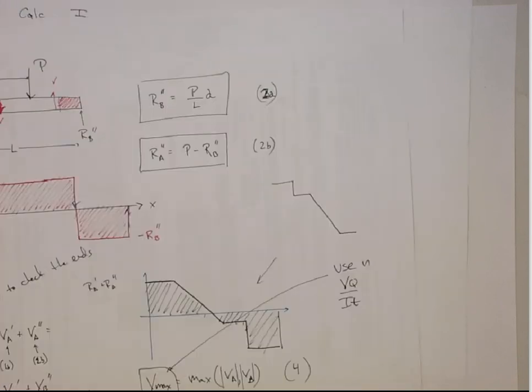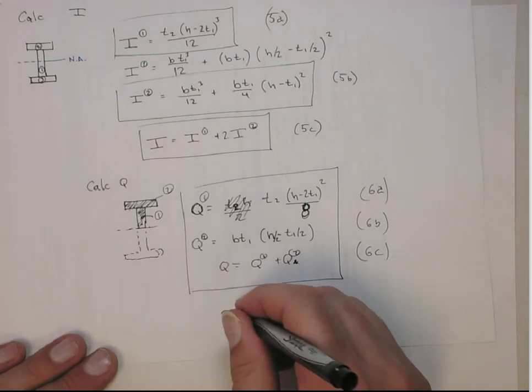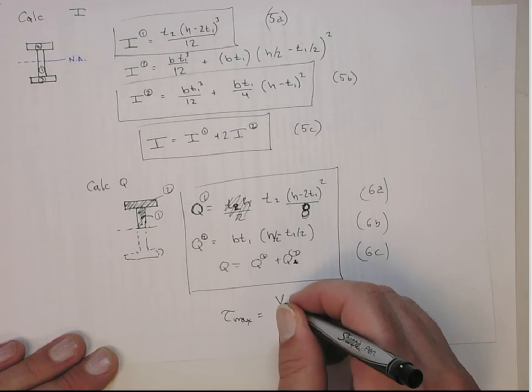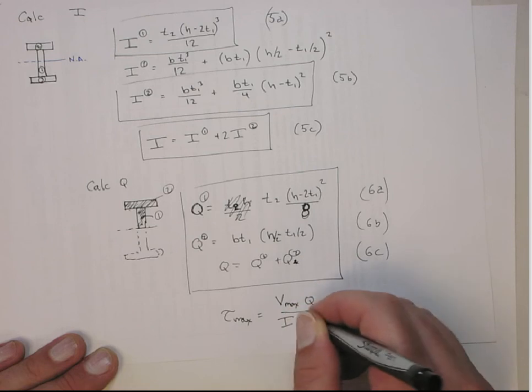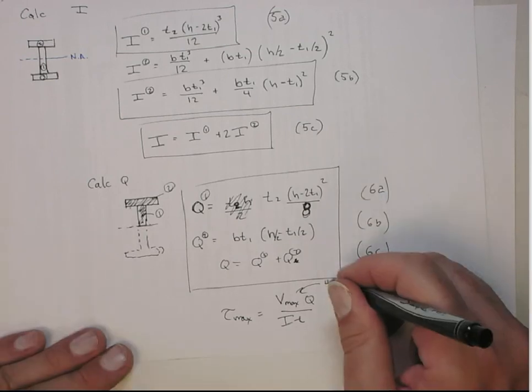Then, once we know that, compute the geometric things we need. And then, finally, at step 7, we get the max transverse shear. It's V max times Q on I, and this is on T. So V max is the one we got from equation 4.